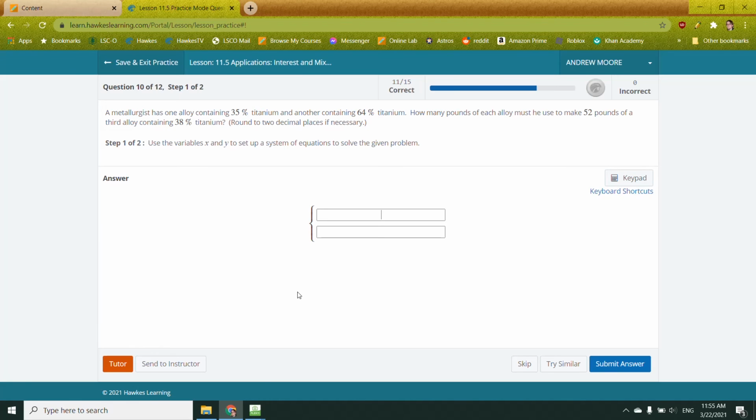Oh, we're supposed to put in our equations first. Remember we had x plus y. That equaled 52. And our other one was 0.35x plus 0.64y. And this is equal to 0.38. I think it's going to let us put in our percentage.